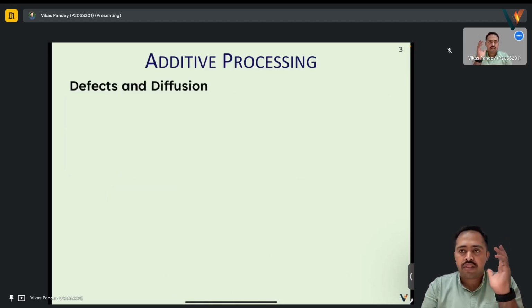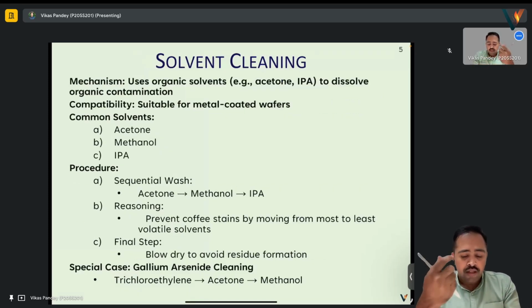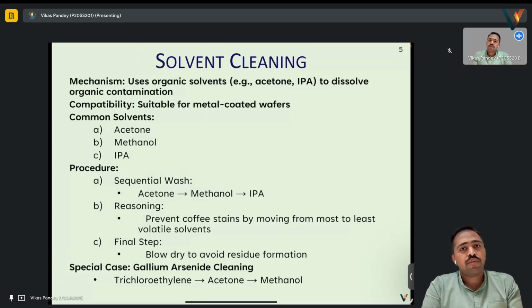So in continuation with the cleaning process we were talking about in week 1, where we talked about the standard cleaning processes like piranha cleaning, RCA1 and RCA2. Now there are certain cleaning processes that need to be done even when we are doing subsequent processes, and sometimes you see dust, dirt, solvent, organic or inorganic materials.